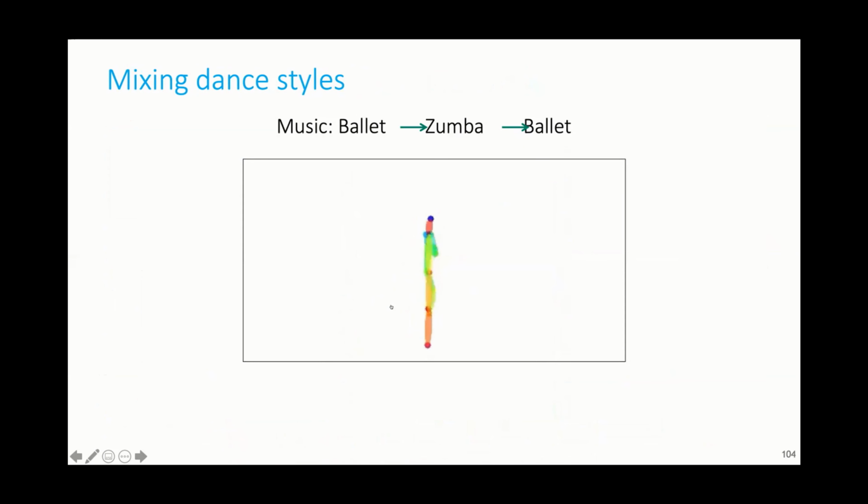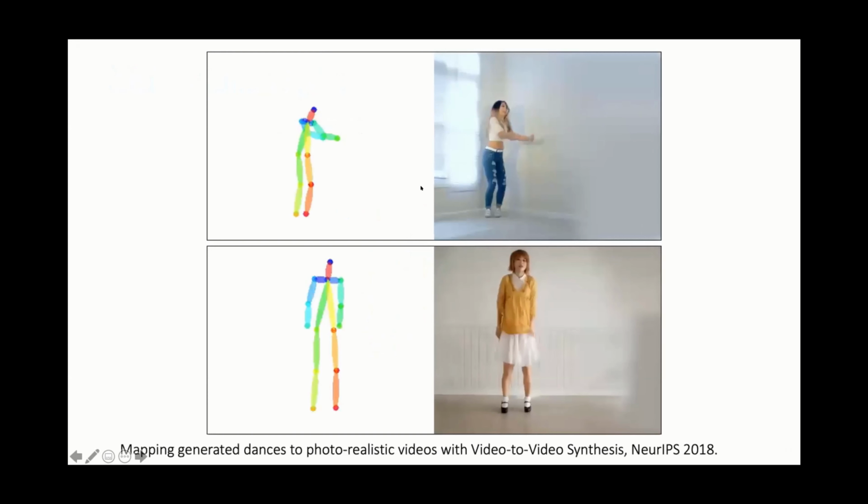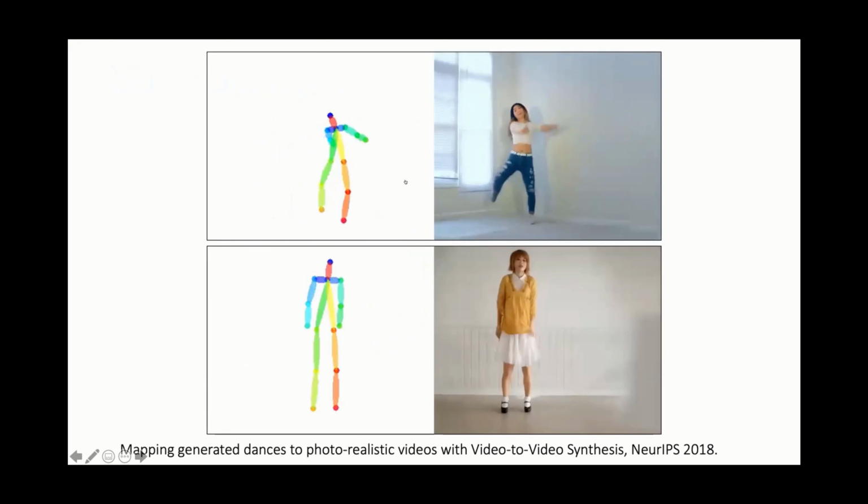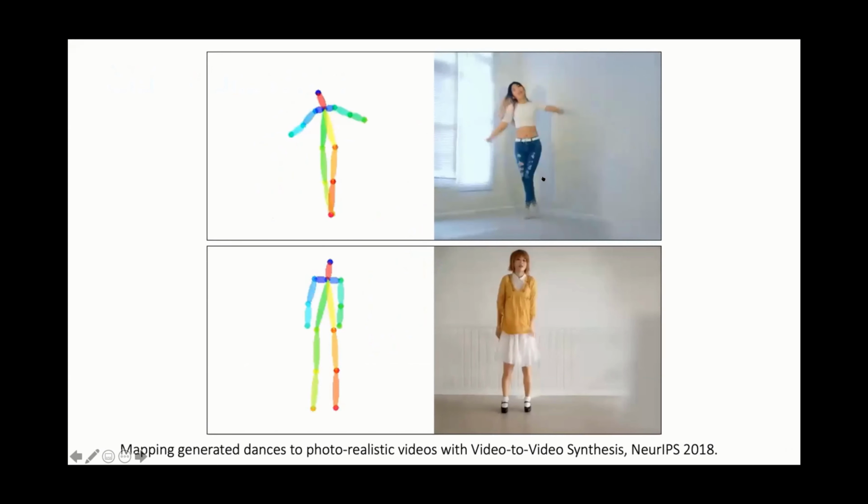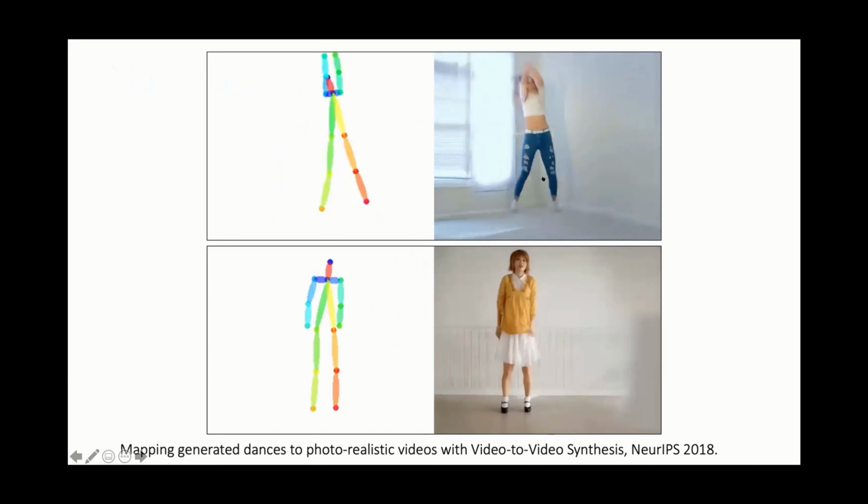Given some piece of music, we generate some dance movements. And from that we can also use a synthesizer to render the real body from the mocap data into real images.